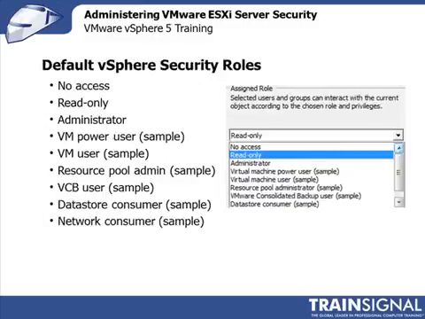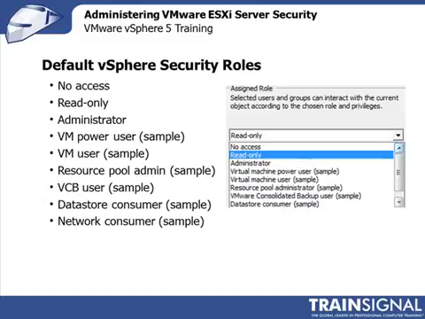I was talking about the vSphere security roles. So there's a number of default vSphere security roles. You'll see those when we go into the vSphere client. And those roles are listed right here. No access, read-only, administrator, and then there's other sample roles like virtual machine power user. So say you had a SQL admin, he wanted the right to be able to power on and off the SQL server through the vSphere client.